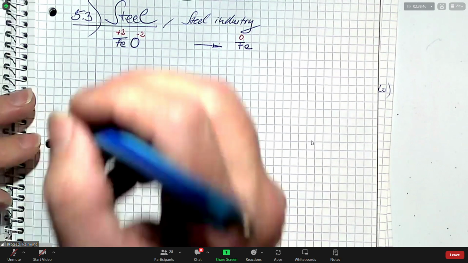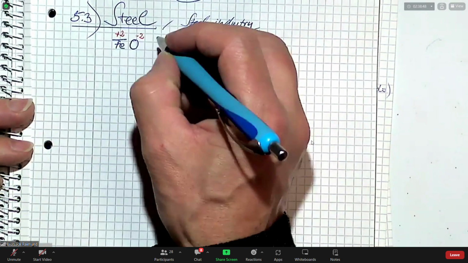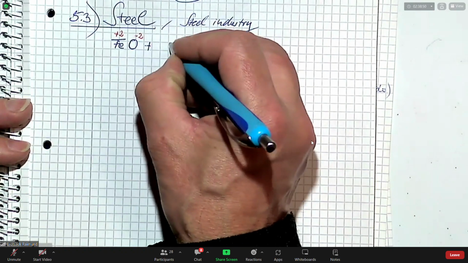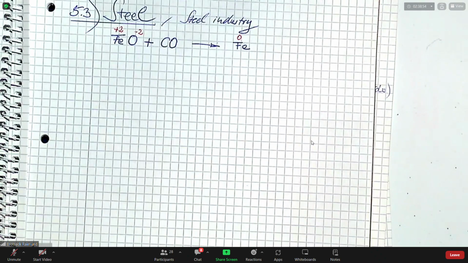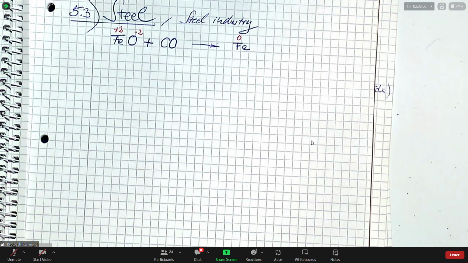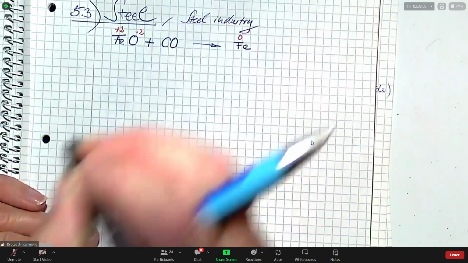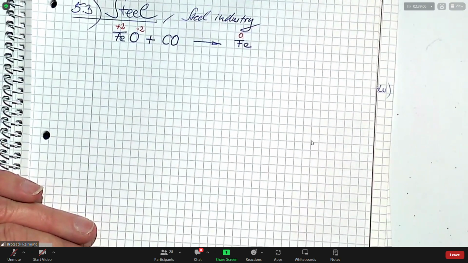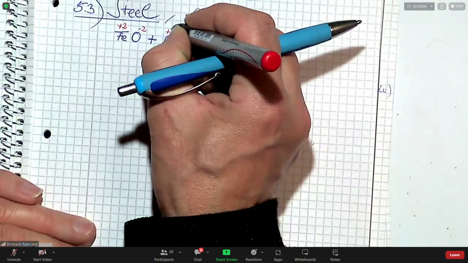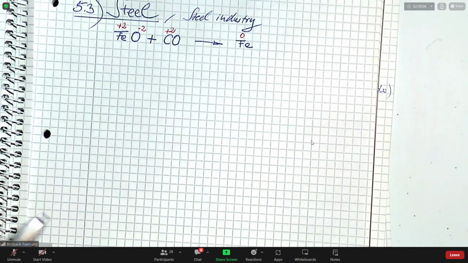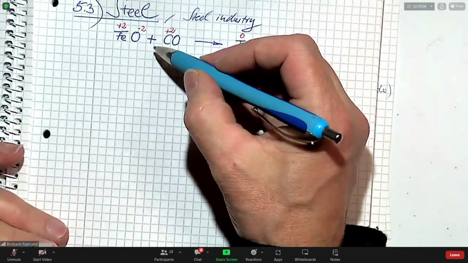And one of these intermediates in there is the carbon monoxide, CO. What is the oxidation number of carbon in the CO? +2. And what happens to the carbon in the CO?